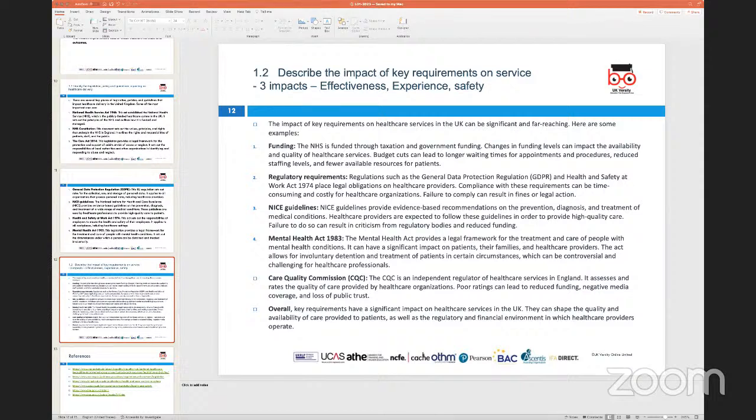So when we look at the impact of service requirements, which are required for us to deliver the best services to the members of public, we need to understand how the government understands what the impact is and what the key requirements are to ensure that these regulations, legislations, and acts actually allow the best services to be delivered to members of public. So the three impacts that we look at in particular are effectiveness, experience, and safety.